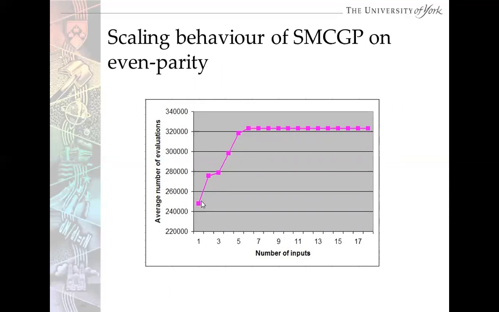This is an evolutionary run, and it shows the number of evaluations growing as the problem gets harder, as you're trying to solve more and more parity problems: 2 parity, 3 parity, 4 parity, and so on. And then at a certain point, around about 6 parity, you find that no more evaluations need to be done. So evolution suddenly, when you iterate it, produces all the other parity.